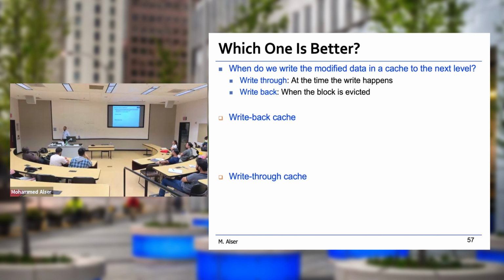What will happen if I frequently change a block? Change, send, change, send, change, send. Come on, I made the caches to help the CPU, but now I'm helping the caches to keep the data. So what will happen? Which one do you prefer? Write through? Why not write back?